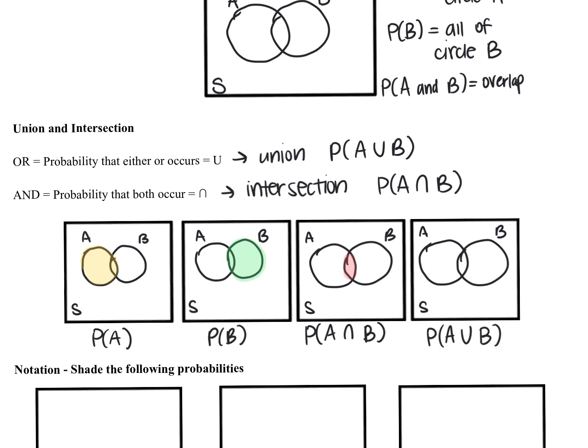That would be everything in both circles. So not everything outside of the circle, because that represents not A and not B, but the two circles together would be A or B.